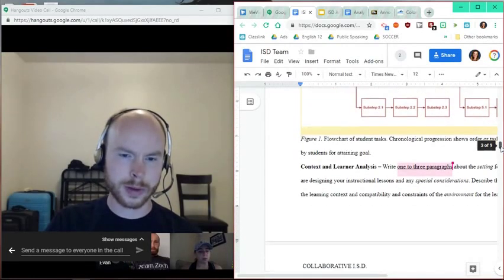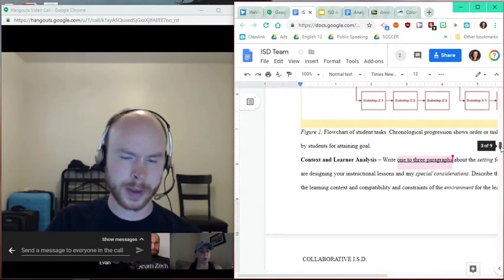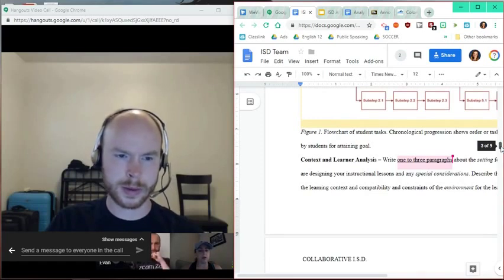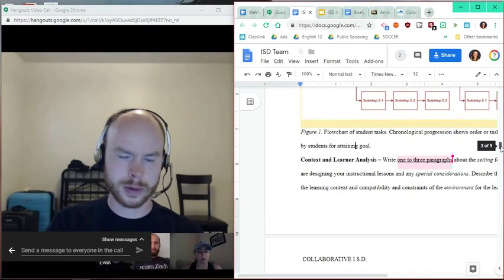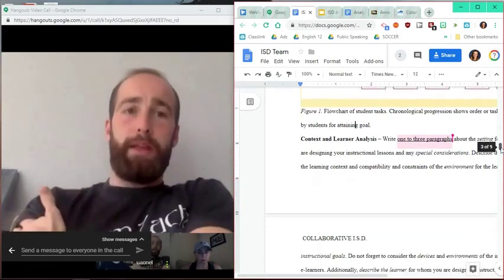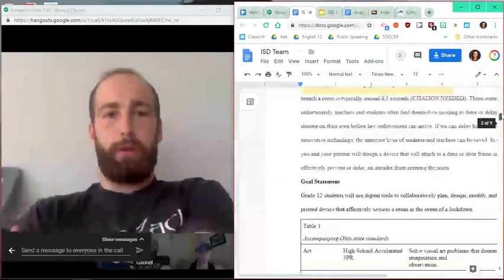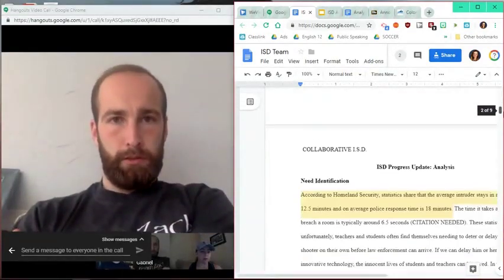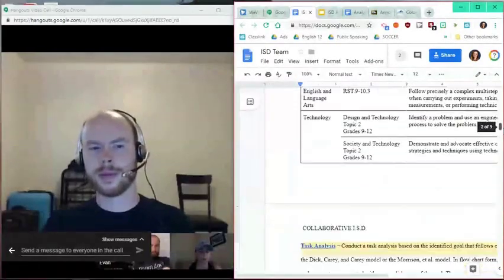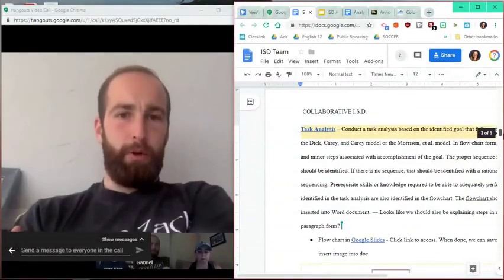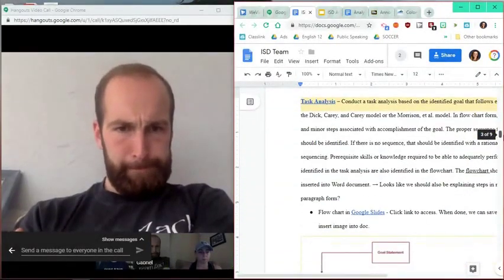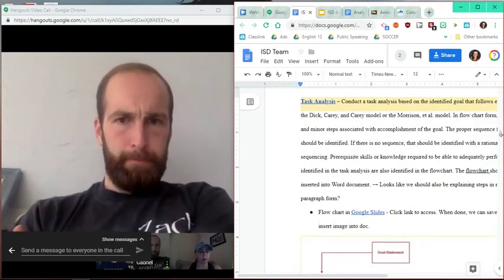That's what I was thinking, because if we have the brainstorming, it makes it easier to write cohesive paragraphs if multiple people are coming in and writing. I would do it in the ISD team because I've already formatted this so that we can actually turn this in. So I would put it in the actual document.